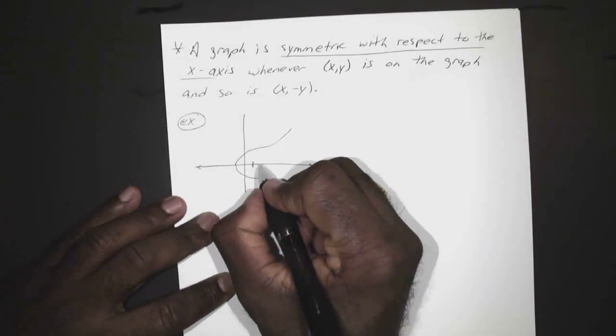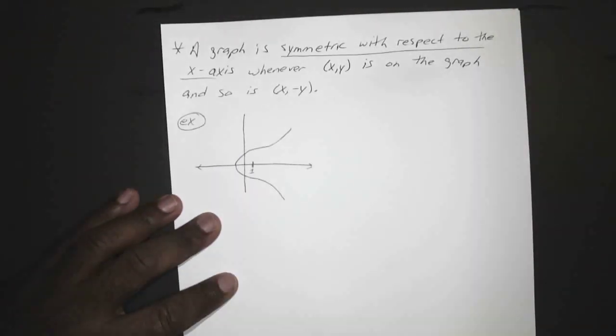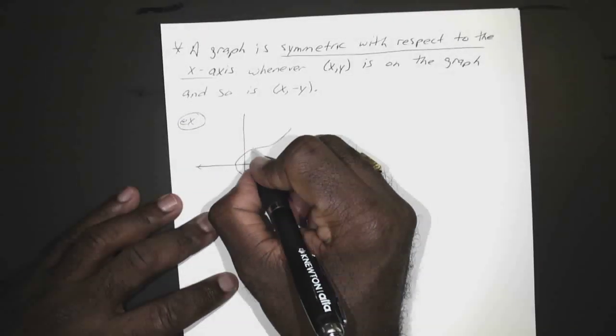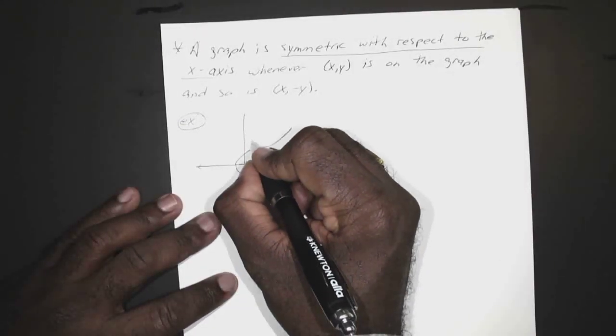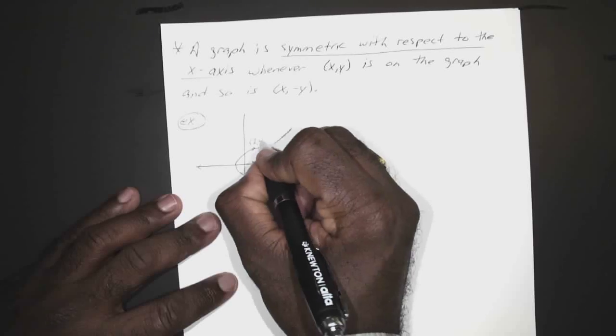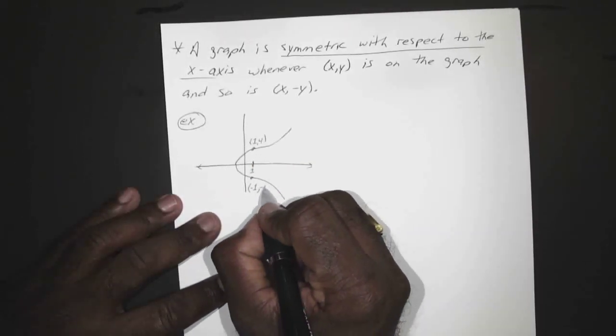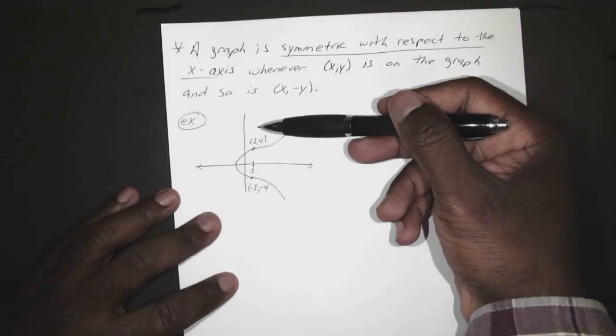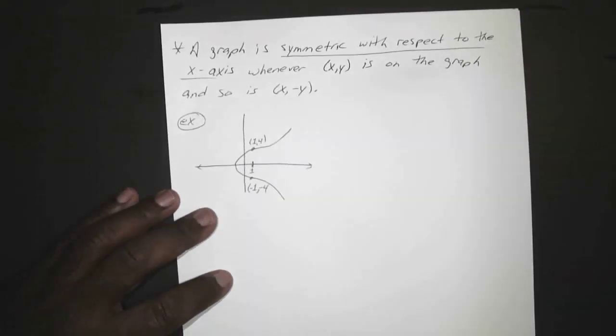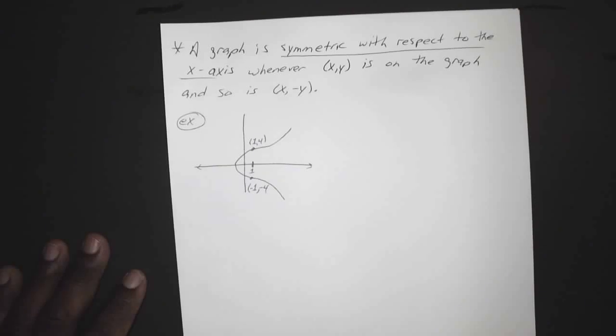Let's say here x is equal to 1. When you plug in 1, let's say you get 4 here. But you get negative 4 here. And again, you fail the vertical line test, so you know it's not a function. But it is symmetric across the x-axis.